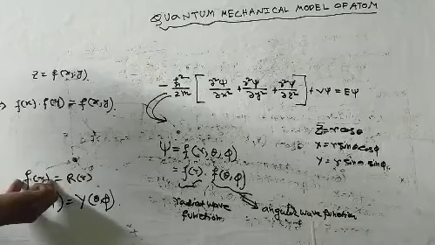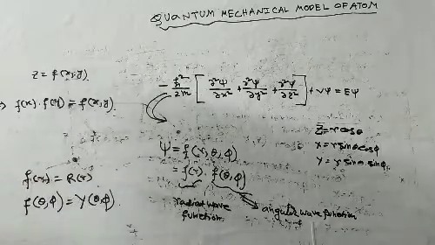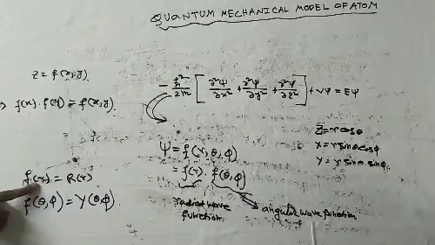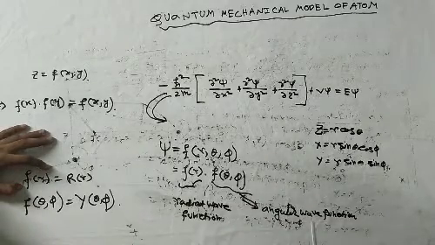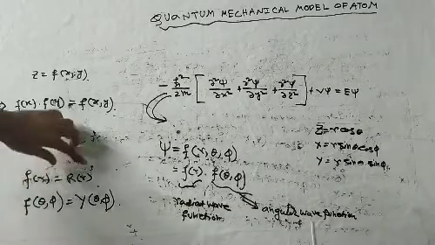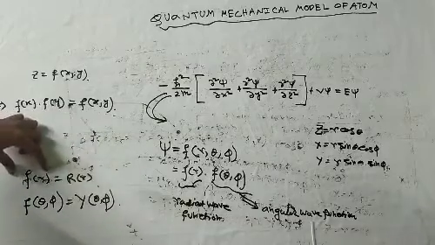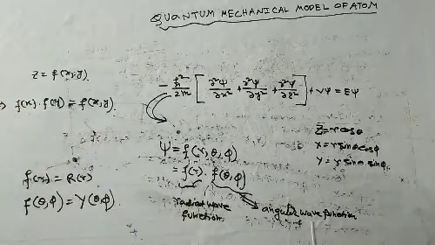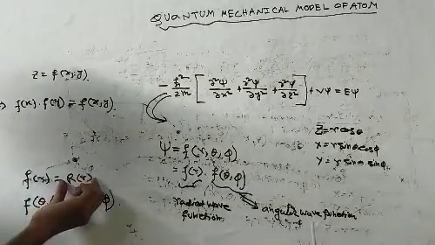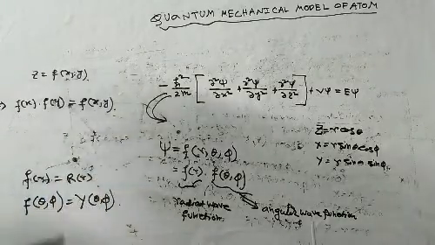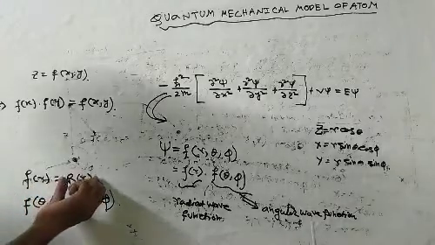So f of r, this radial wave function, is written like R of r in the books. The f of r and the R of r are the same things. In the books, they prefer to write in this form.